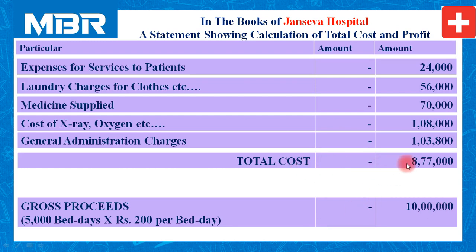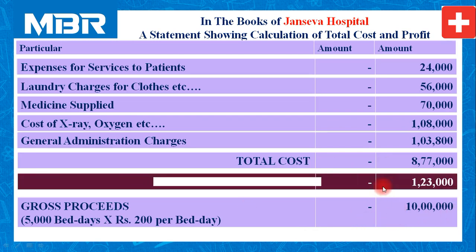So total cost is 8,77,000 and total revenue or gross proceeds is rupees 10 lakhs. So the figure of adjustment, or you can say the figure of difference, is rupees 1,23,000, and this 1,23,000 is referred to as profit because revenue is higher than cost.